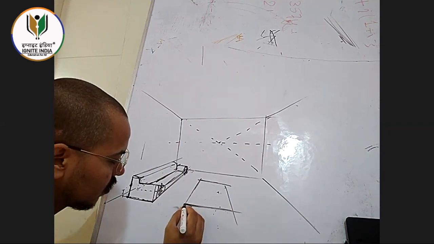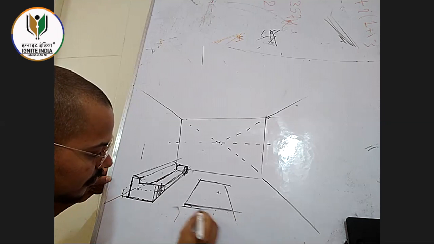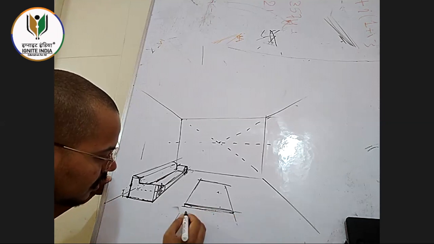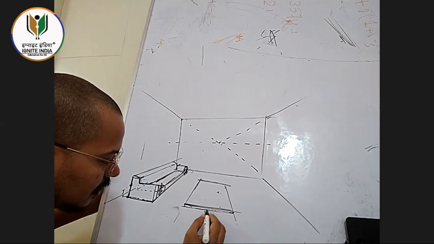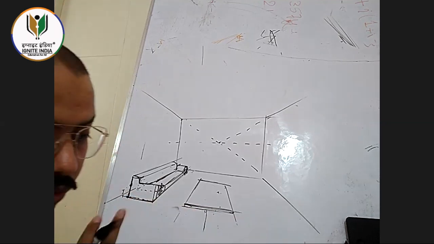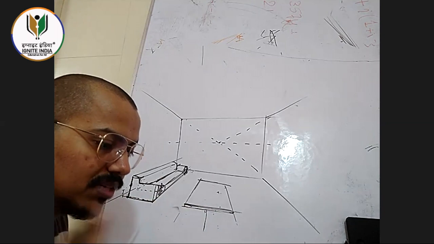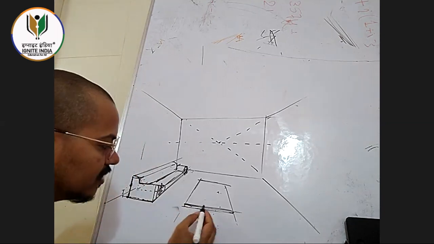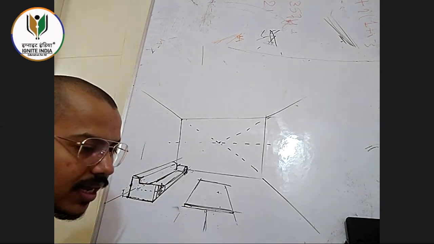Draw this with a light pencil. Create one structure like that. After that, draw with a very light pencil. Straight line. Always do these structured lines. Do not miss this structured line. With a very light pencil, you just need to draw one line. Okay.